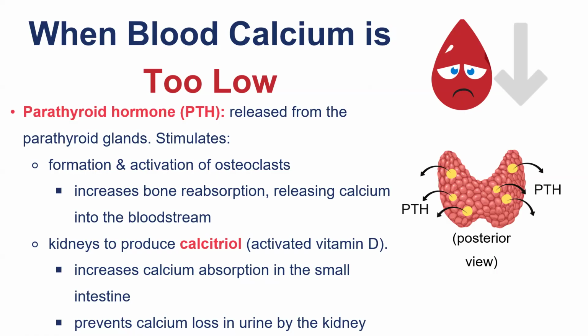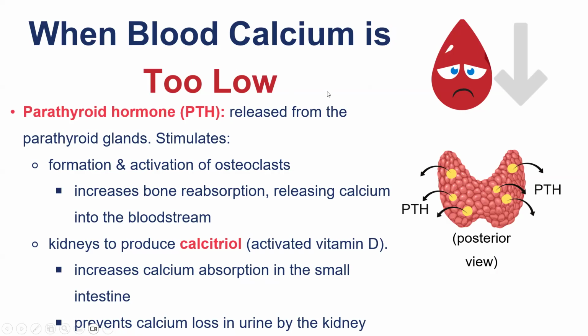And this will help us increase calcium absorption in the small intestine, and our kidneys won't get rid of as much calcium in our urine. So our clasts are more active. Our intestines, our small intestine specifically, is absorbing more calcium, and our kidney is keeping more of our body's calcium.